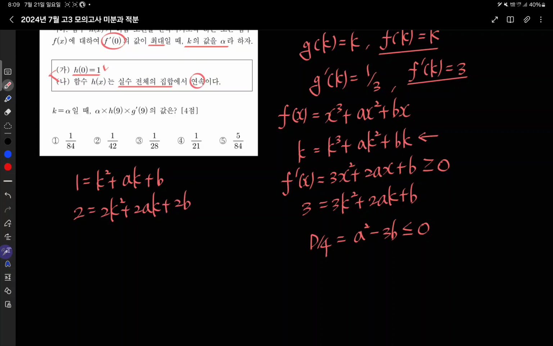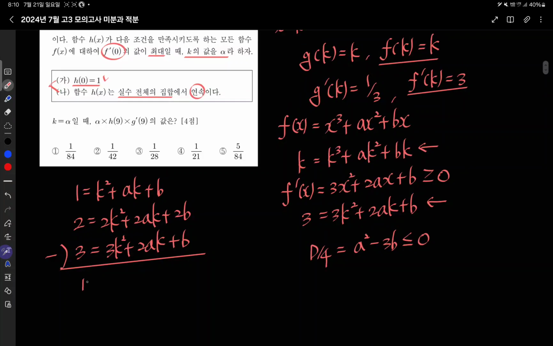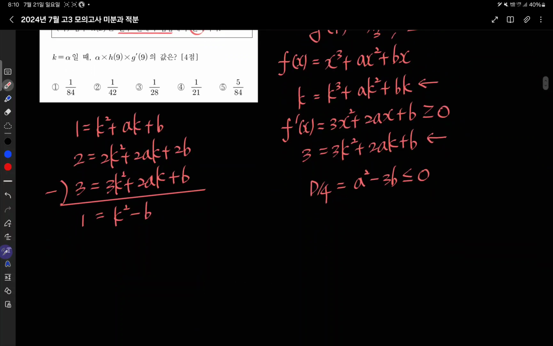And we are going to subtract this equation. That makes b equal to k squared minus 1.